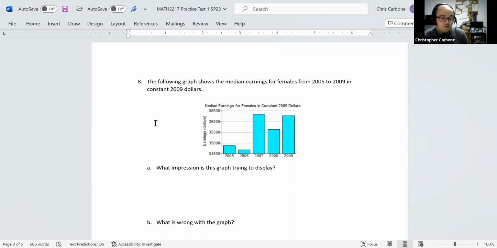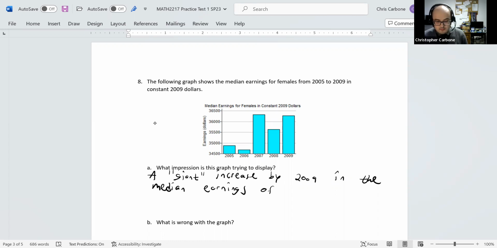What it's trying to show is a "giant" increase, and I'll put giant in quotation marks since, based on those numbers, that is not giant. A giant increase by 2009 in the median earnings of females in constant 2009 dollars.